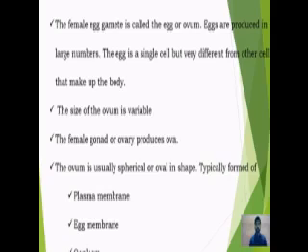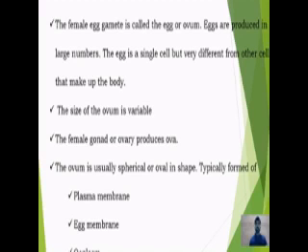So to maintain the progeny, our next generation, each and every organism wants to lay a large number of eggs. When you see the eggs, they are in various numbers depending on the organism. The size of the ovum or the eggs is also variable, and of course it depends on the organism.